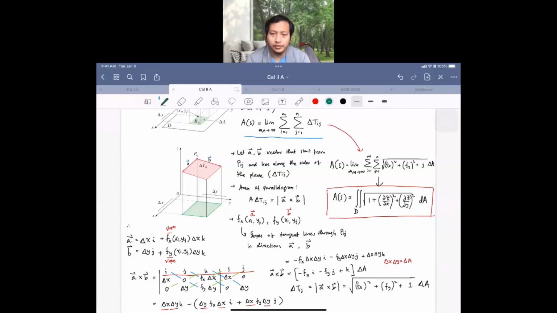If you would like to find the surface area, the first thing we do is find the partials, partial x and partial y, and then we find the region, the restriction for the integration.